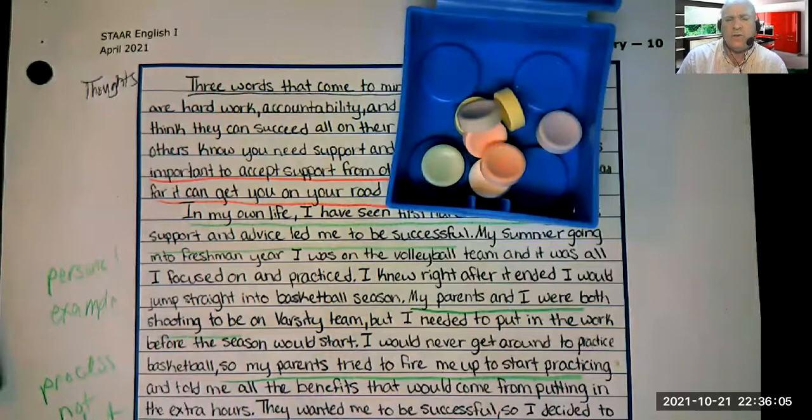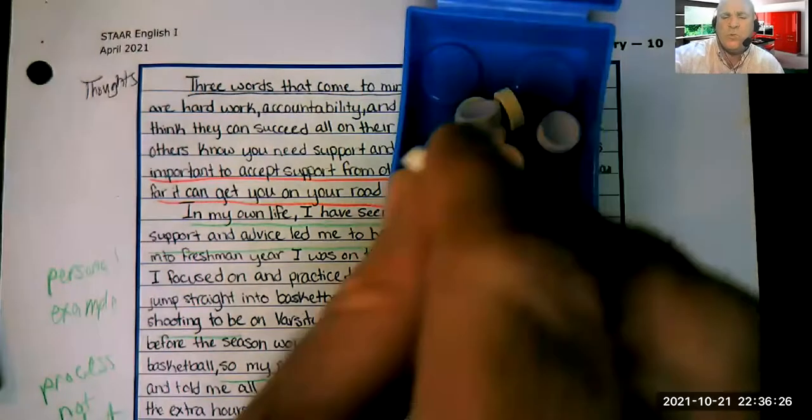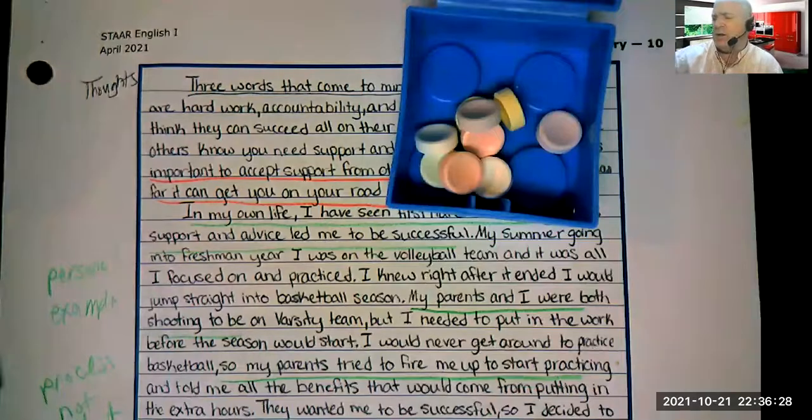My parents and I were both shooting to be on varsity team. So it wasn't just me, my parents and I were shooting. They weren't really shooting. I'll add credit for that in a second, but I needed to put in the work before the season would start. So that's one sentence. I'm going to give an extra one because I see a coordinating conjunction.